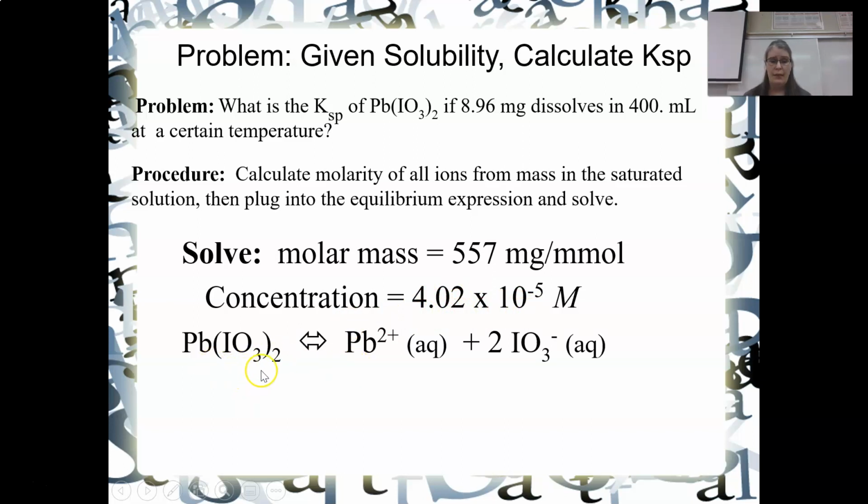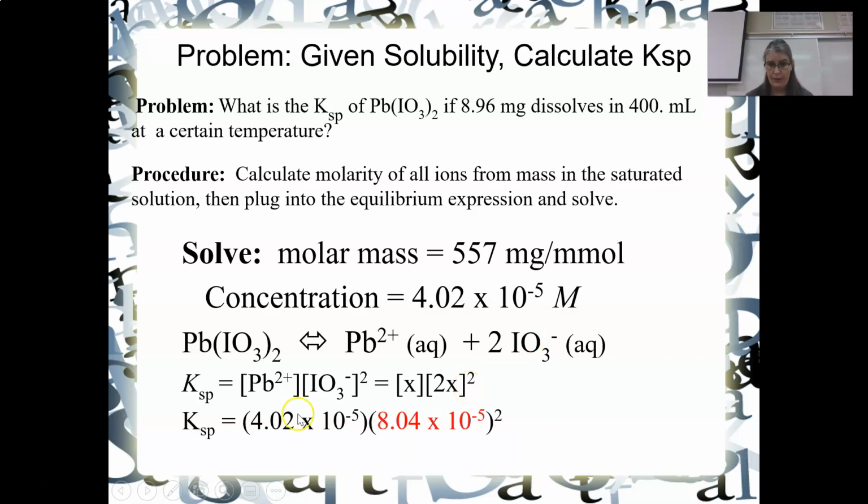So the concentration of lead, since there's one lead to the lead iodate, would end up being 4.02 times 10 to the minus fifth. This concentration would be twice that, squared. So I would just plug that in to these spots.